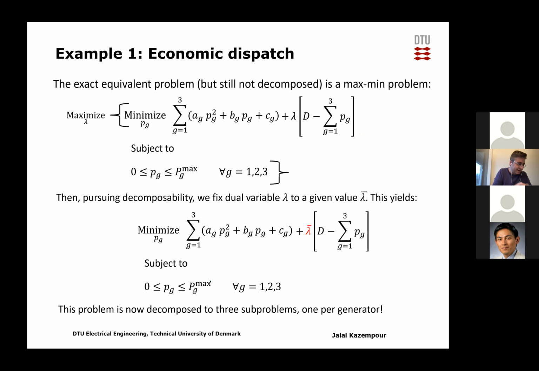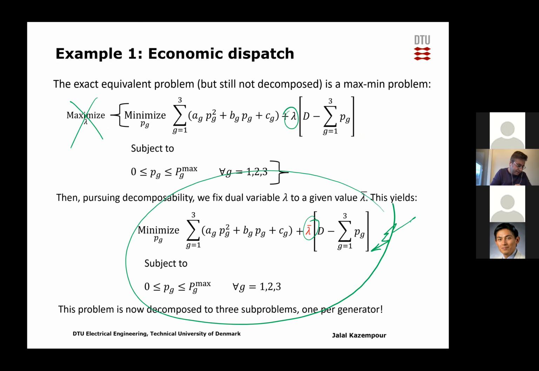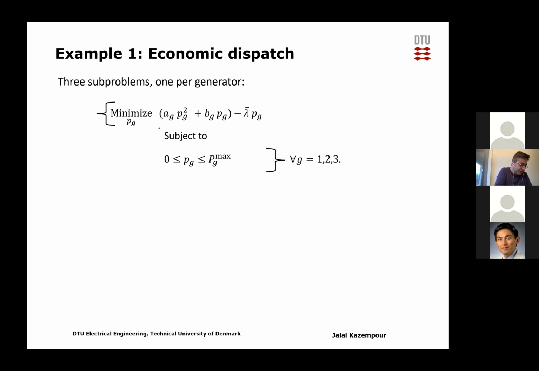But then to be able to decompose, we get rid of the max, we fix lambda to lambda bar, and this is our relaxed problem. Then we can decompose this problem, one per generator. How? Each generator just minimizes the cost.